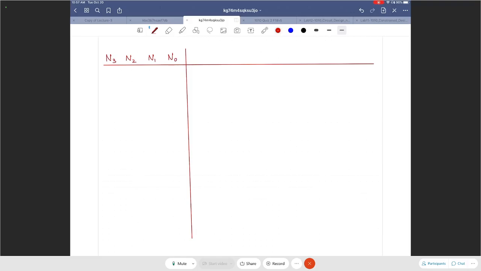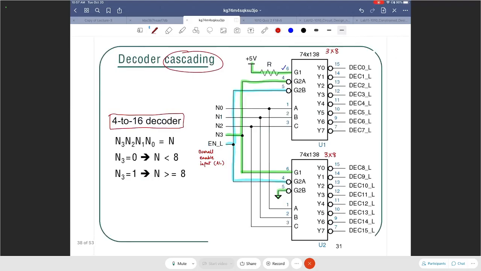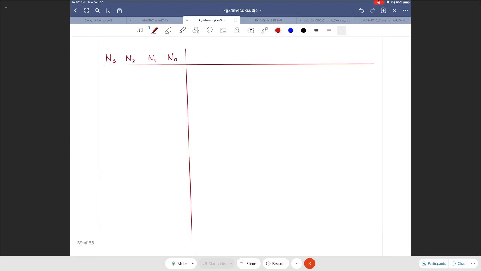What are my outputs? Well, my outputs are from 15 all the way to 0. They are all active low outputs. So let me write that down in this fashion. Y15 underscore L, y14 underscore L, and it'll go all the way down to y2 underscore L, y1 underscore L, and y0 underscore L, right?